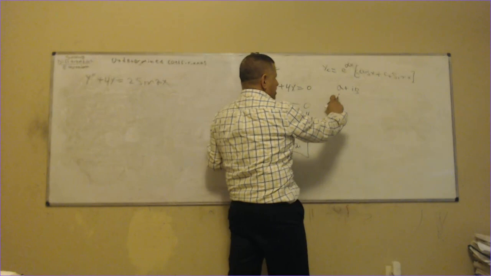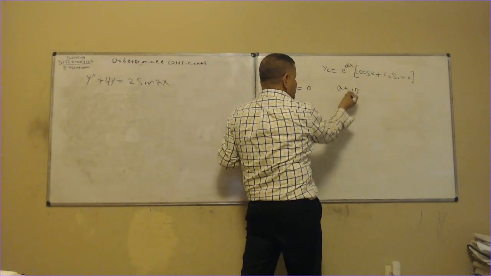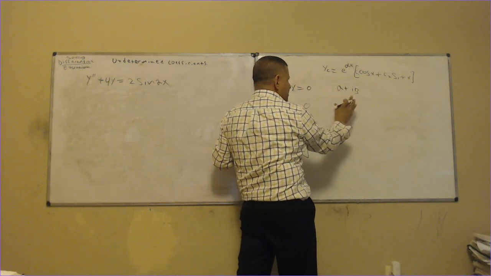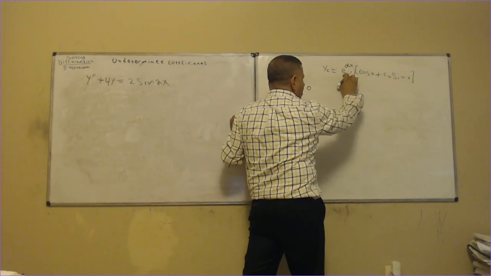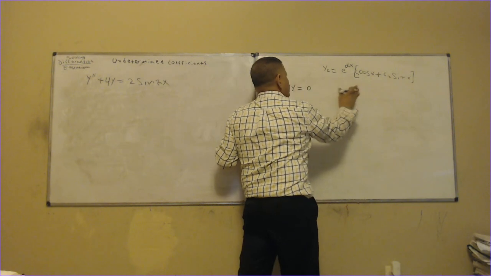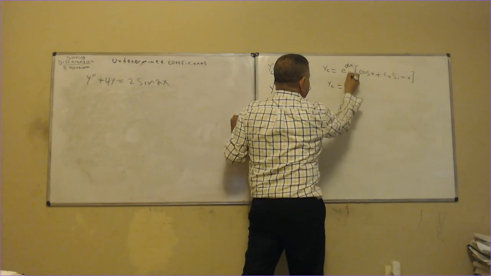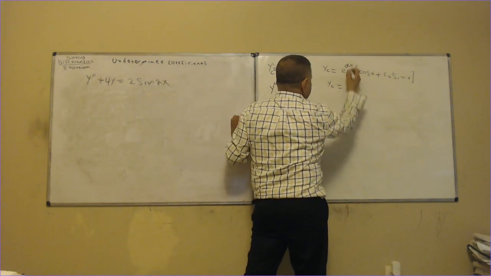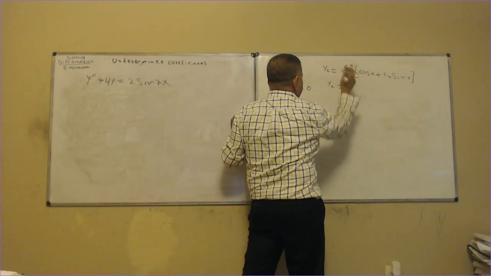Because e to the zero power is equal to 1, that one gets distributed inside. Technically, e to the alpha x is equal to 1 because alpha is 0.